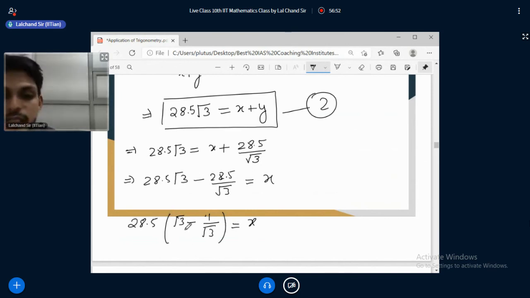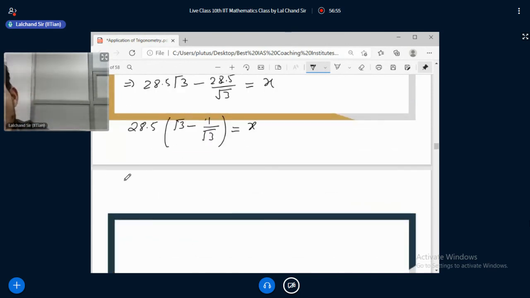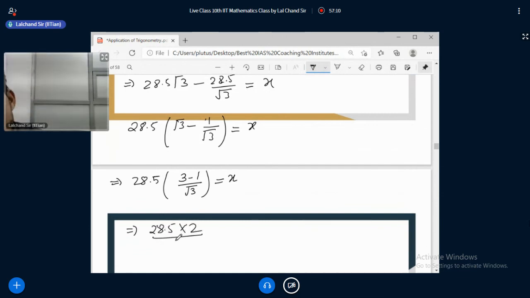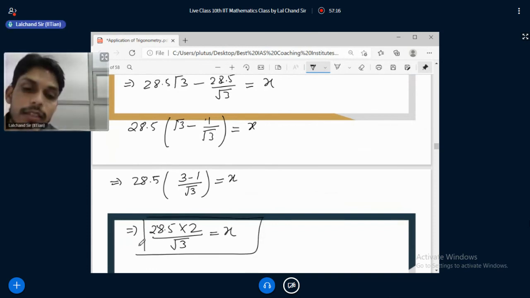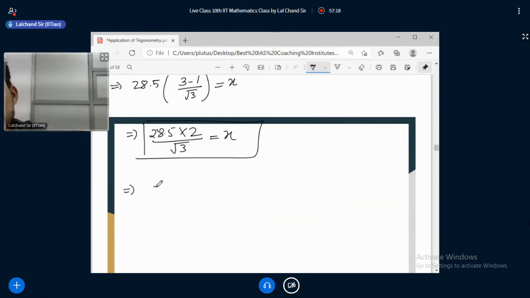So if we simplify this expression, finally we have 28.5 into 3 minus 1 divided by root 3 equal to x. If you multiply, that is 28.5 into 2 divided by root 3 equal to x. So finally x is 57 by root 3.